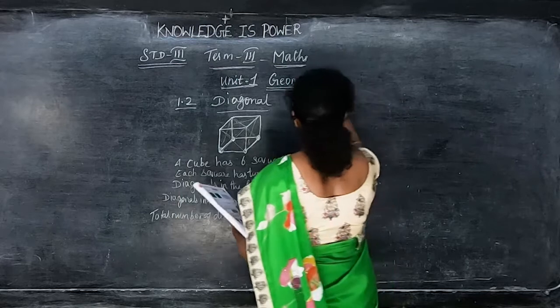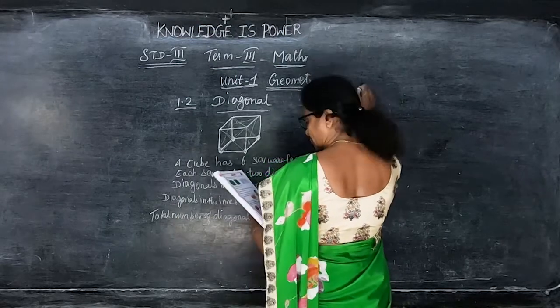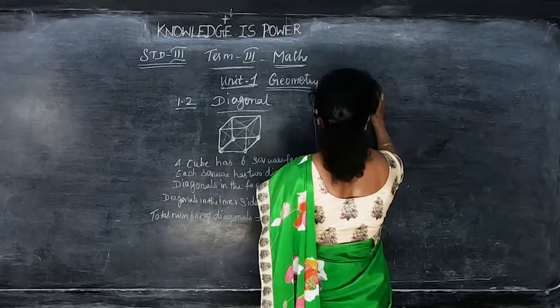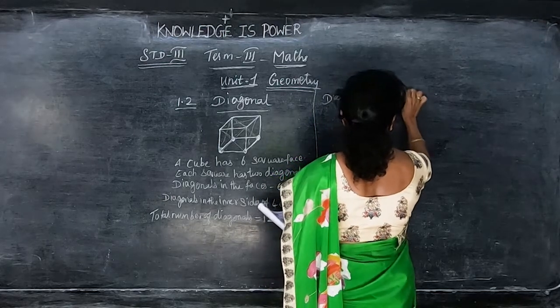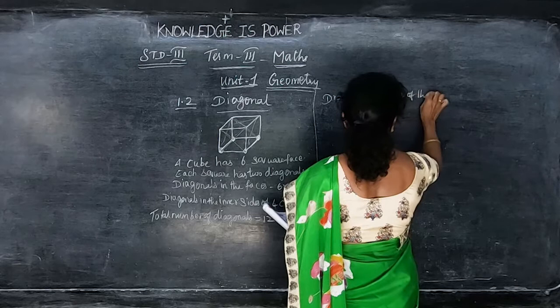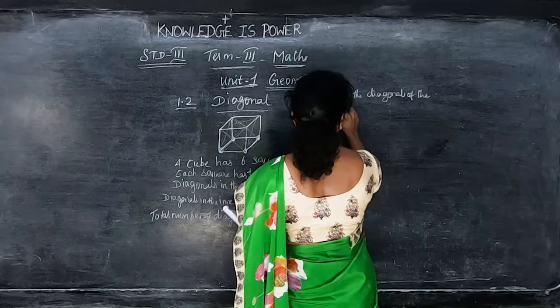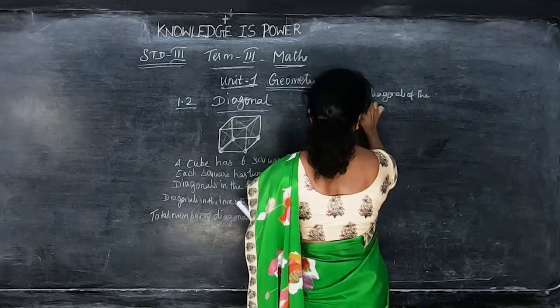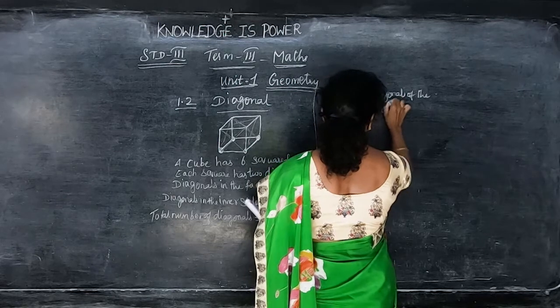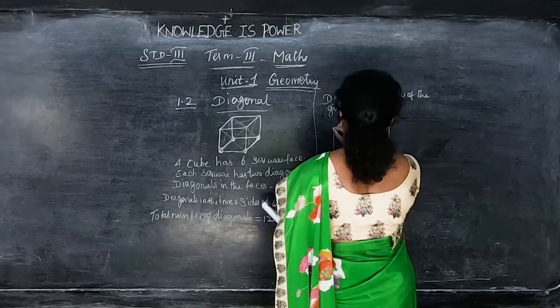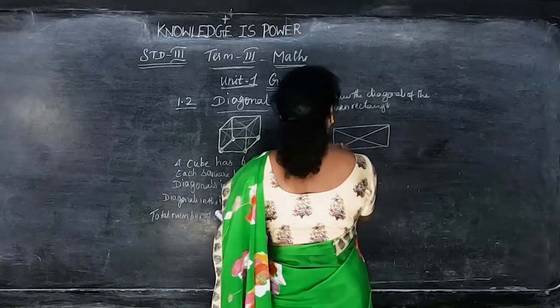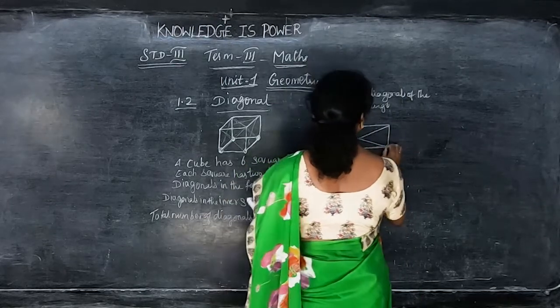Like that, draw the diagonals of the given rectangle. Diagonals. So in rectangle, how many diagonals here? 2 we can draw. So all the 4 sides are there, right?